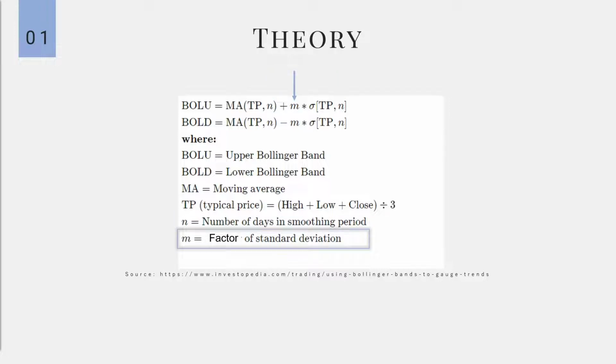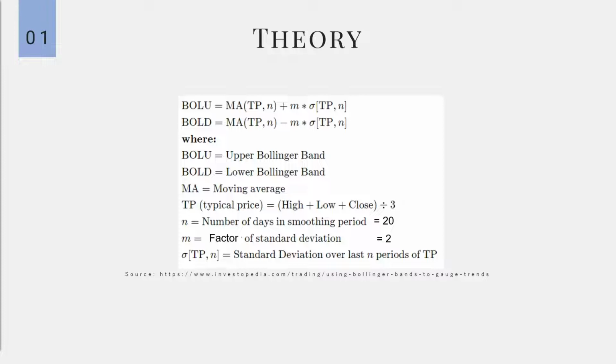And as already said, M is the variable we multiply the standard deviation with, and in our example the standard is to take 2. So just that we have it written down, for N we take 20 and for M we take 2. And the last notation is the standard deviation, which is the standard deviation over the last n periods of the typical price. Alright, that's it for the math part.